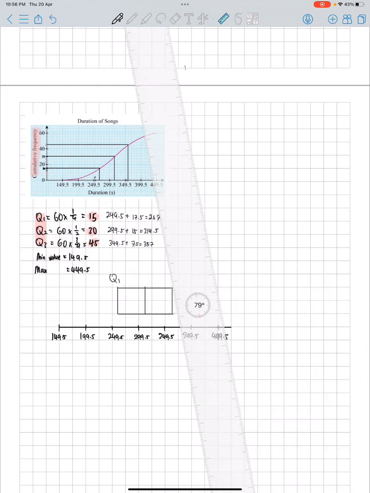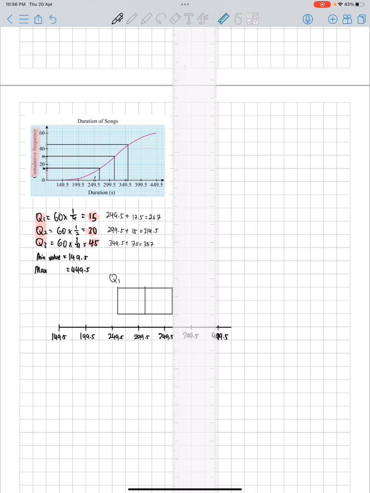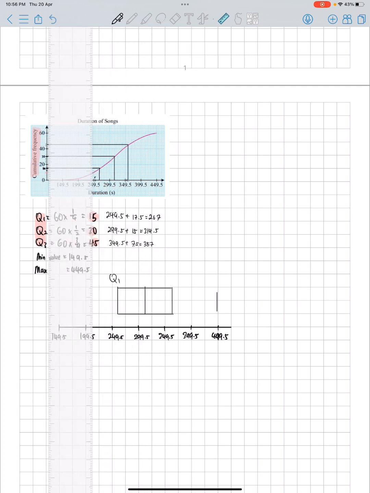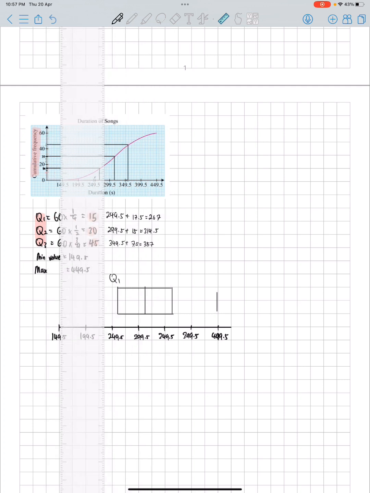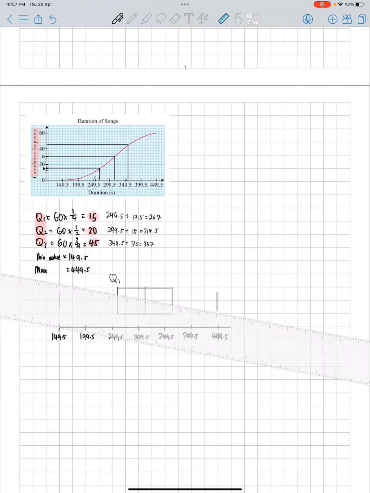Now for the maximum value and the minimum value.